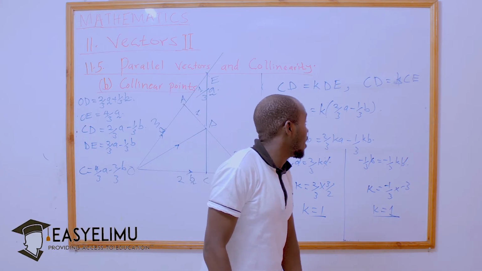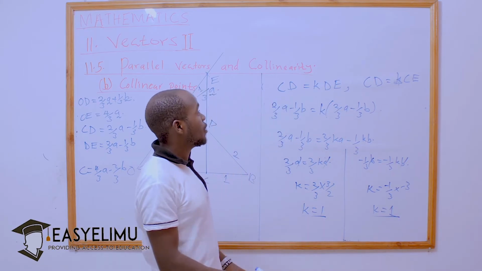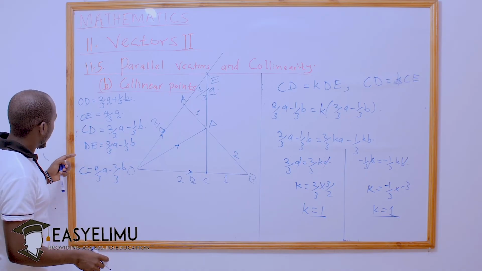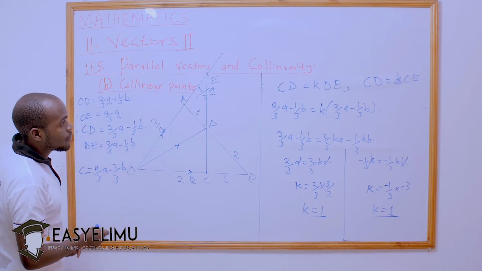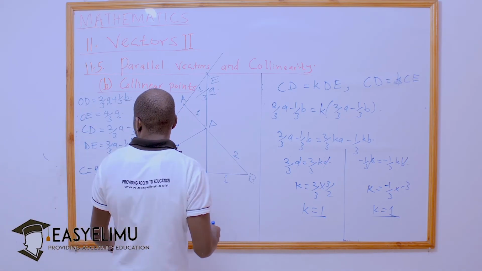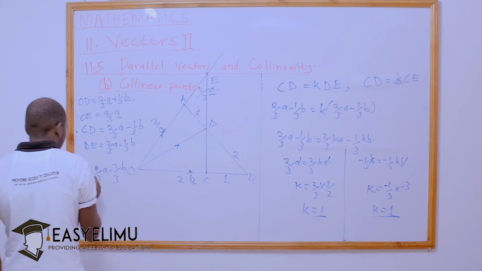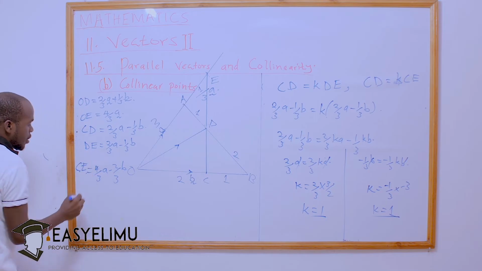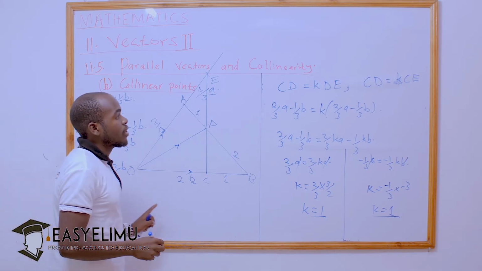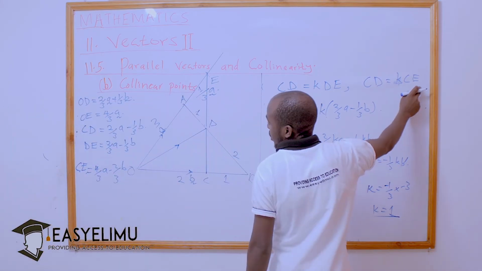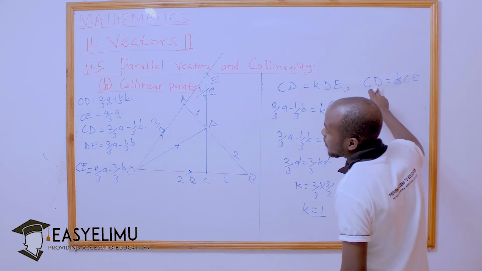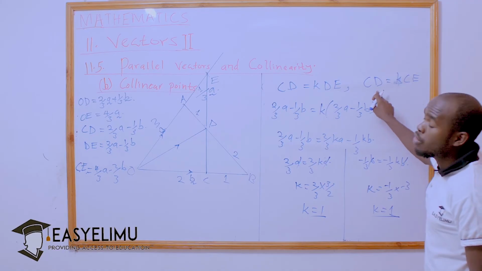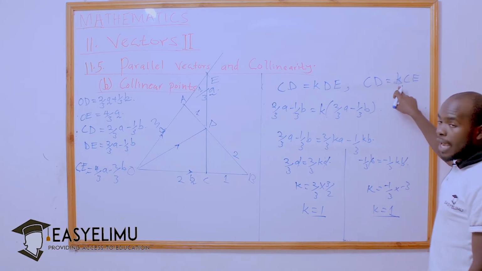You can use even the other one, and that one I leave it to you to do, because we have CE. I think we wrote it somewhere. This is CE. So CE, you will replace the value of CE here, and CD we have there, 2 over 3 a minus a third b. After doing that, you find k.